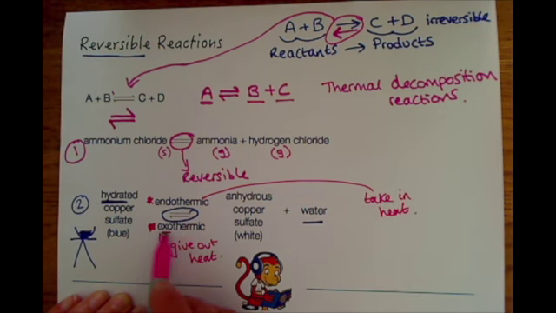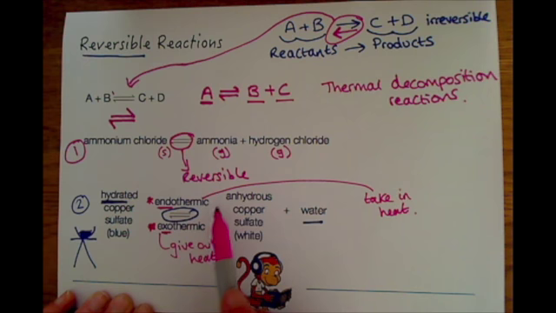So exo gives out and endo takes in, and all this is highlighting in reference to reversible reactions is that if a reaction is endothermic in one direction, it will be exothermic in the other direction. So in other words, if it takes heat in one direction, it will give out heat in the opposite direction. And we'll come across these terms in a later video as well.